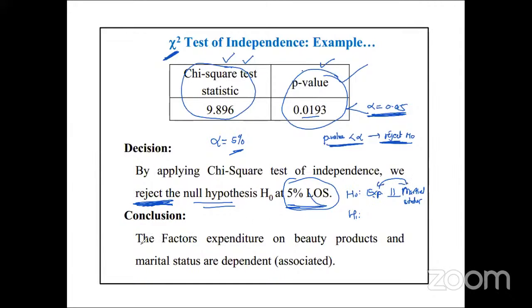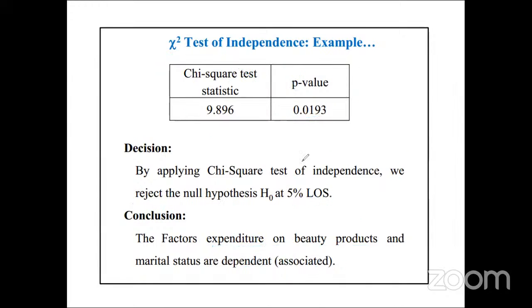So what is our conclusion? Our conclusion is that the factors, expenditure on beauty products and marital status, are dependent or associated, which you wanted to establish in this hypothesis test. Associated or dependent means that they have an impact on each other.